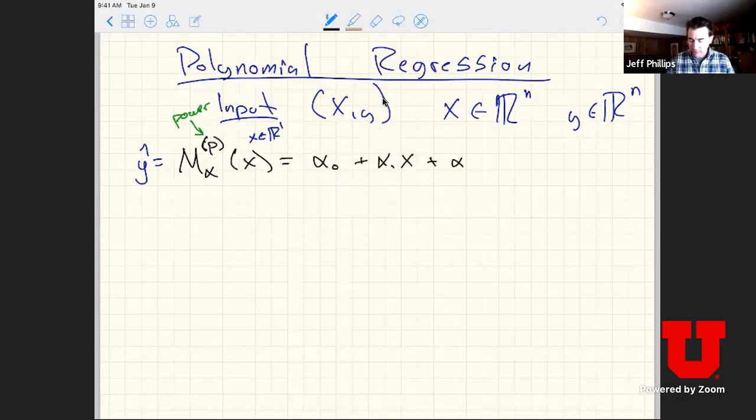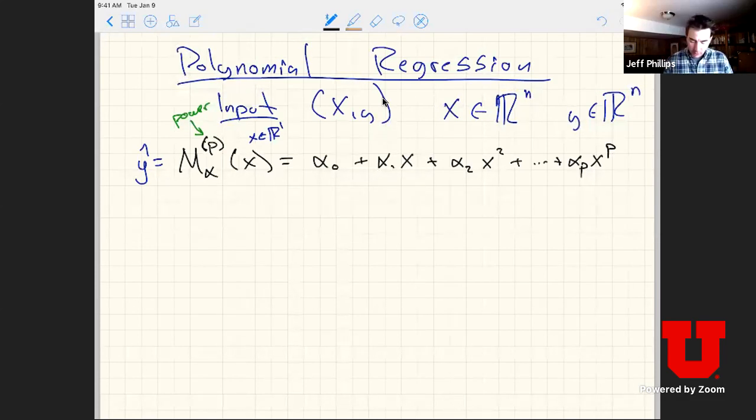But then it gets interesting. Alpha 2 is another coefficient, and you do x to the power 2, up to, eventually, you add alpha p x to the power p.